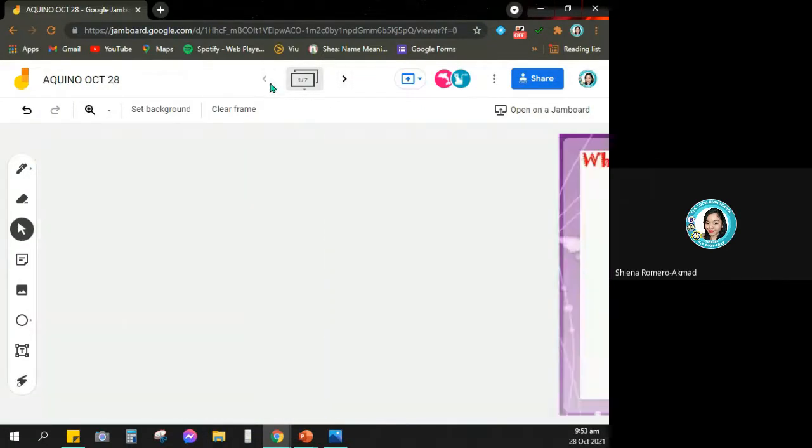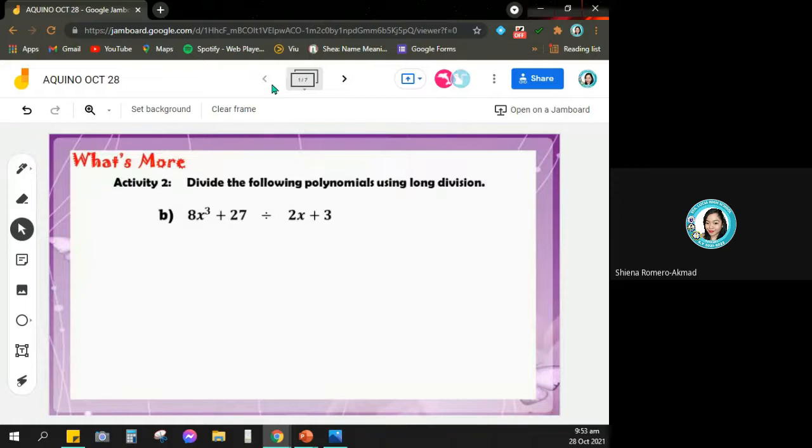Lagi niyong tatandaan na dapat pag nagsasagot kayo using long division or synthetic division, make sure that the terms are complete. So as you can see, sa letter B natin, 8x cubed plus 27 agad.